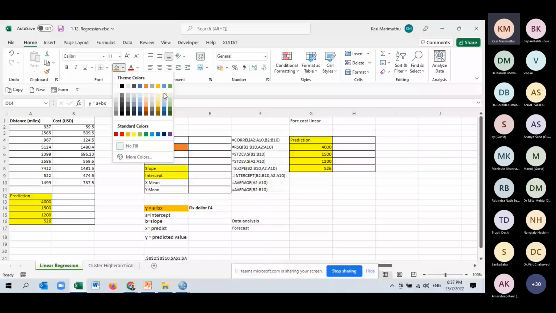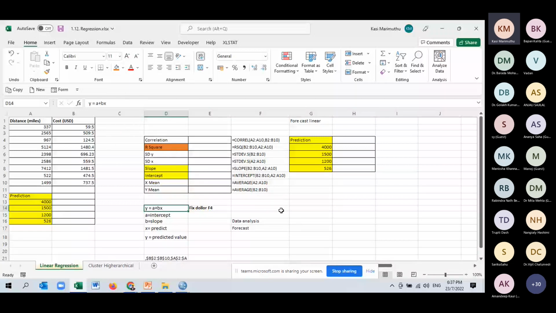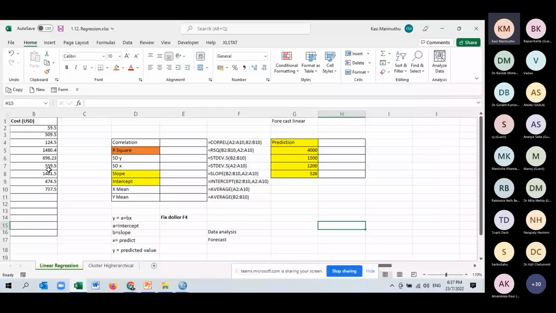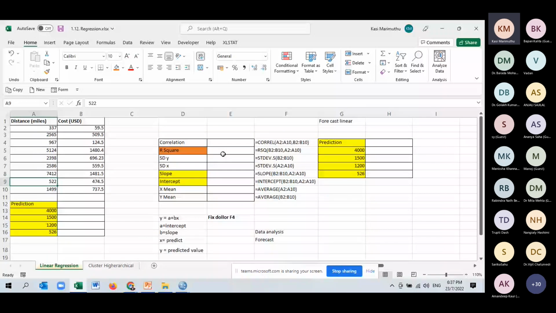How to calculate the correlation in Excel? Any function in Excel starts with the equal sign. One minute, let me increase the size so that it is easy. Just put the equal sign and type CORREL, C-O-R-R-E-L.